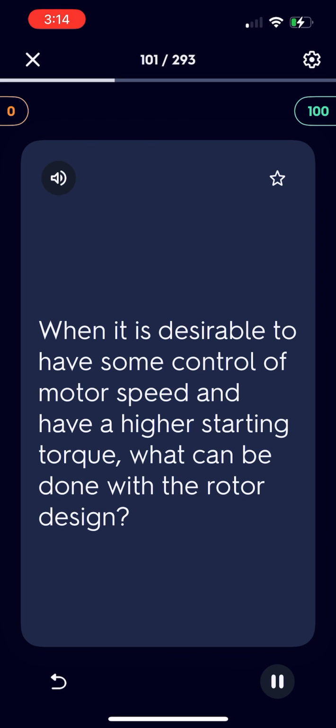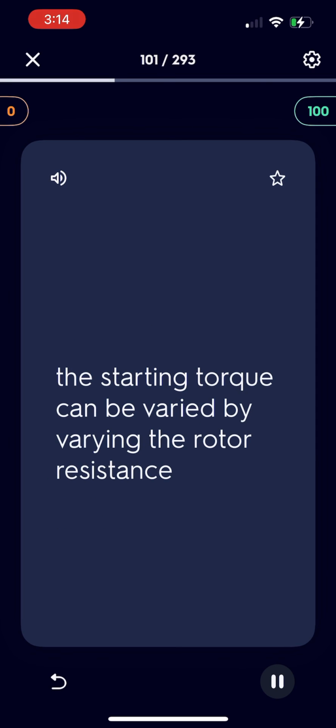When it is desirable to have some control of motor speed and have a higher starting torque, what can be done with the rotor design? The starting torque can be varied by varying the rotor resistance.